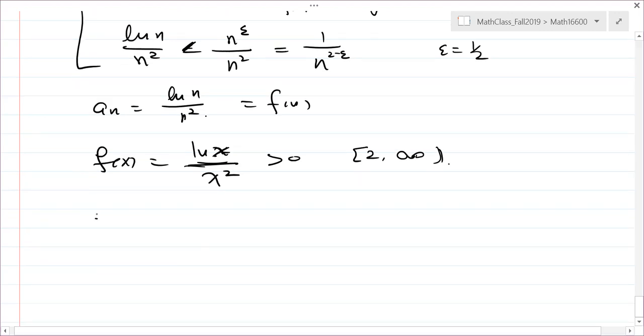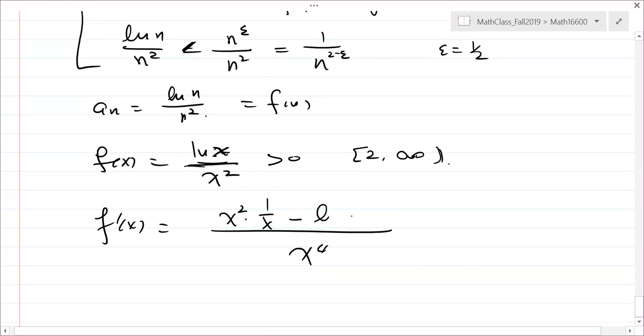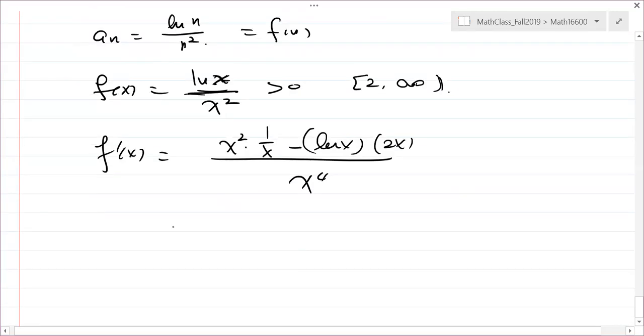So you find the derivative: x to the 4th power in the denominator, and in the numerator x squared times the derivative of natural log x, which is 1 over x, minus natural log x times the derivative of x squared. After you simplify the x, you get 1 minus 2 natural log x.